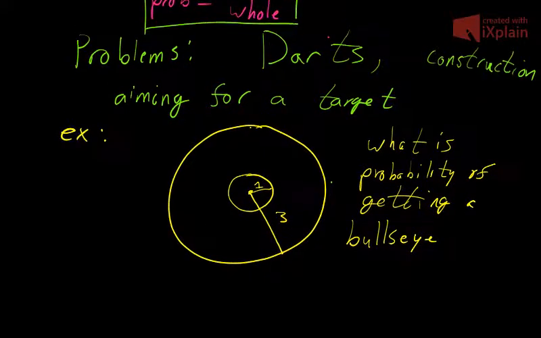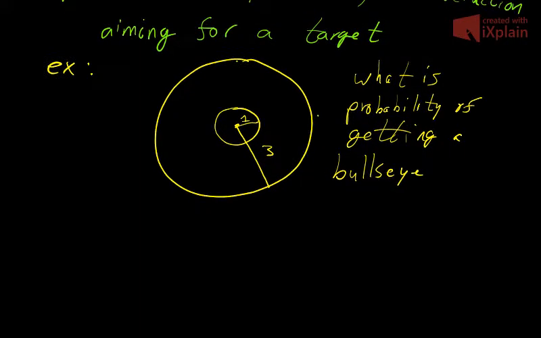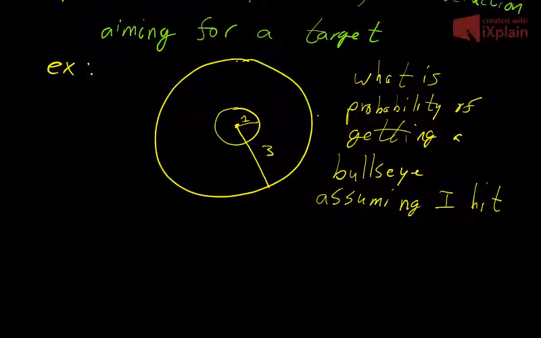I'm going to make it a little bit more mathematical here. I'm going to say assuming I hit the target. That's just going to make sure that our whole that I'm talking about is the target. Otherwise, it's possible I would hit a dart way over here, and that would mess up all of my probability stuff. So we're just going to assume I hit the target, even though when I play darts, I rarely hit the target.